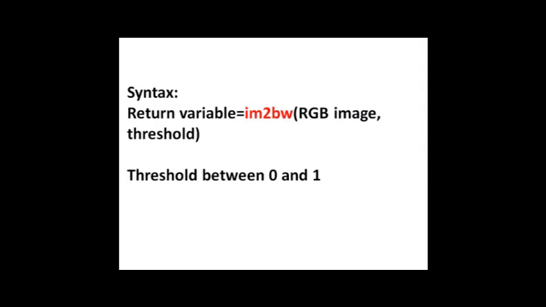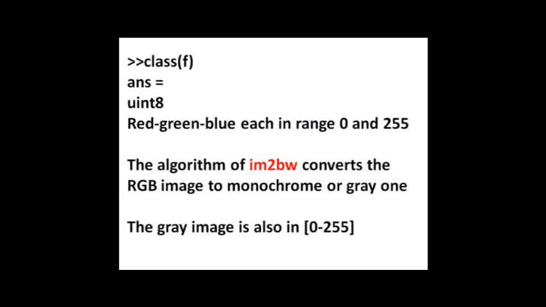The threshold value must be between 0 and 1 as far as the syntax is concerned. If we exercise the command class over f, we're going to see the return as uint8, meaning the red, green, blue image components are in the range 0 to 255.